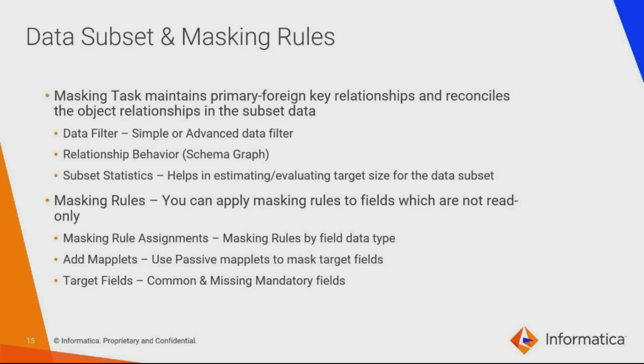The third one is the target fields, wherein this will list out all the common and missing mandatory fields in the masking page. Common fields are the ones that are available in both source and target. You can assign the masking rules to all the common fields. The missing mandatory fields are the ones that are mandatory in target but are not available in the source Salesforce instance.